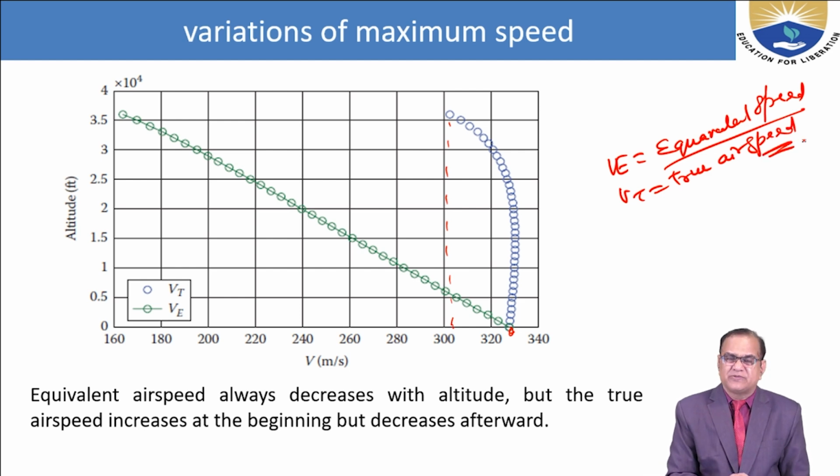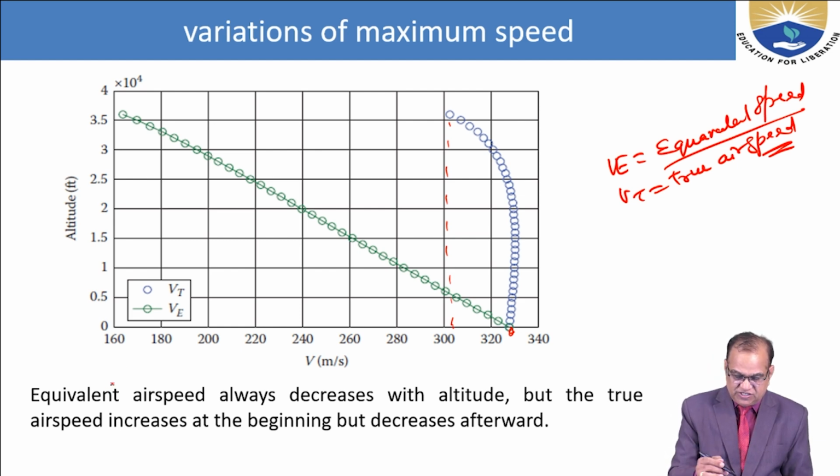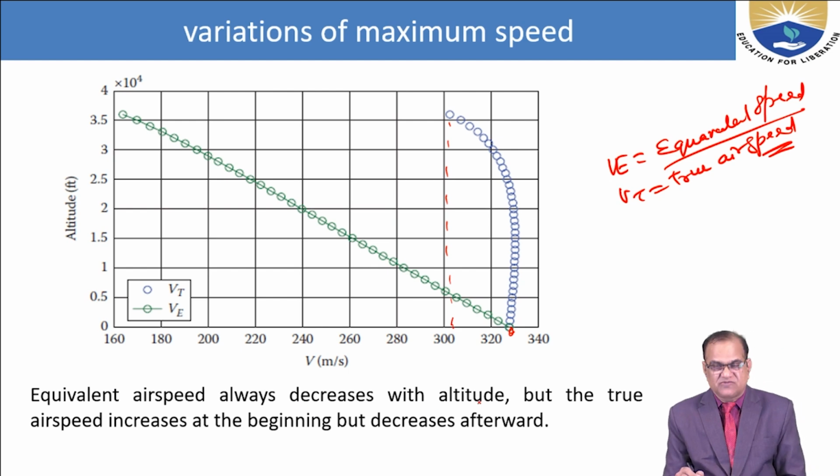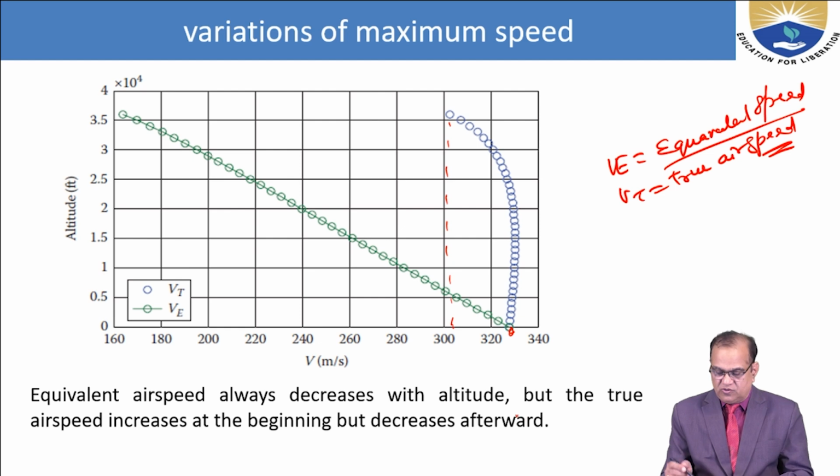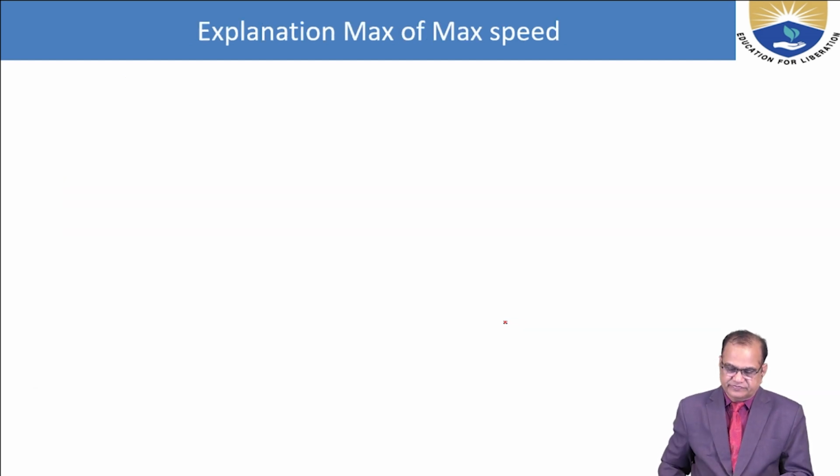The true airspeed increases at the beginning but decreases afterward. So equivalent airspeed, VE, always decreases with altitude, but the true airspeed increases at the beginning and decreases afterward.